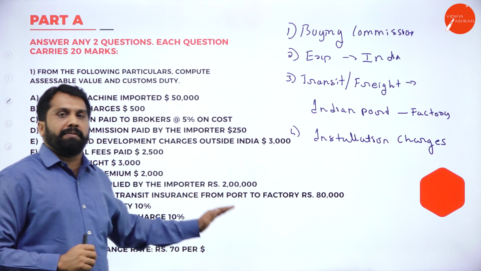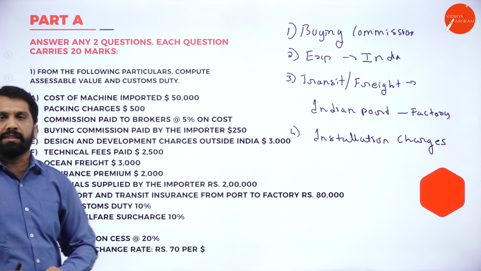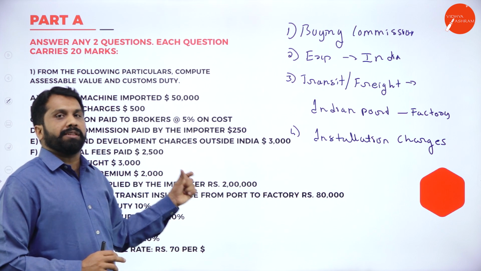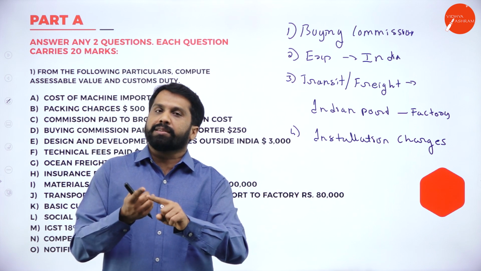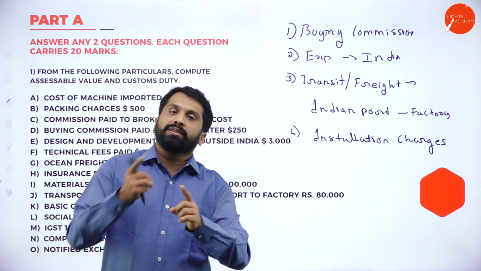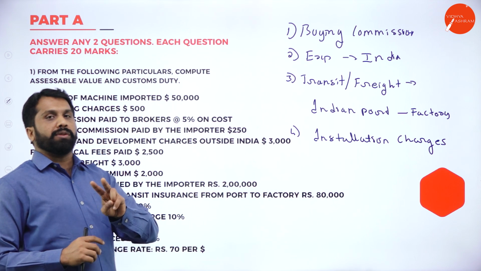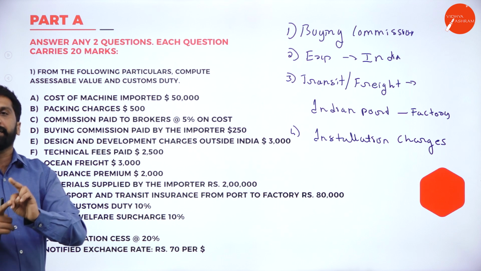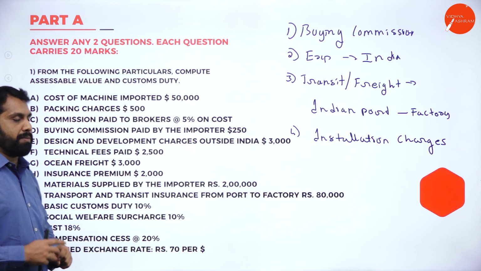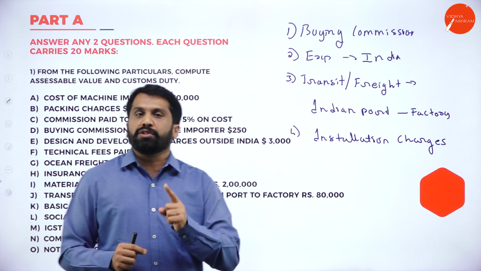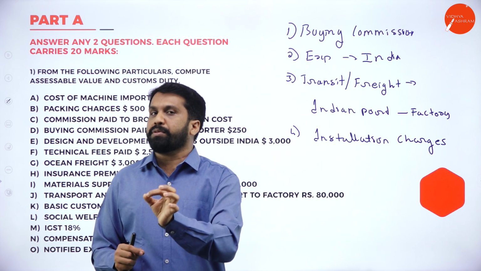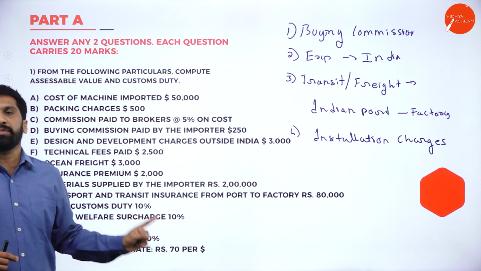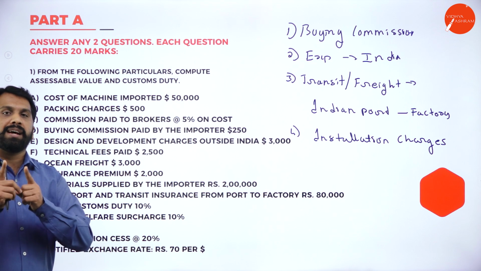Simple thing, whatever is given in the question, everything we should consider, excluding these things. Whatever amount is given is in dollars. The dollars have to be converted to what? Rupees. They will give you two rates: as per RBI and as per CB, meaning Central Board. We are not supposed to consider RBI, we should consider the Central Board exchange rate. Whatever rate is given by the Central Board, we have to consider, not the one given by RBI.